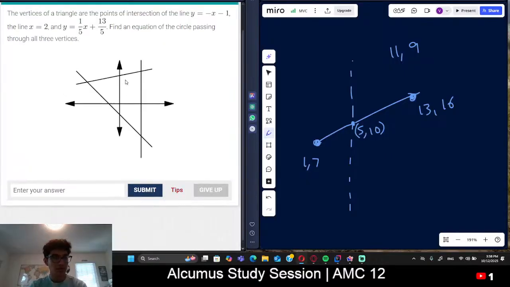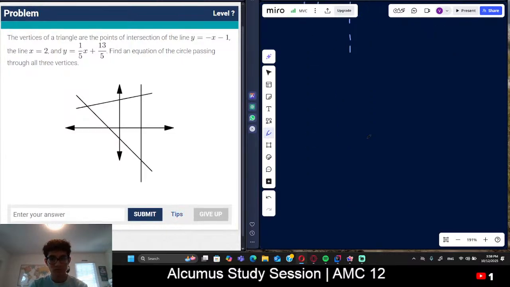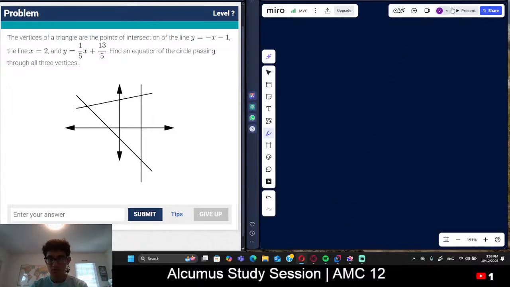Yes, fine. Find an equation of the circle passing through all three vertices. Vertices of a triangle are the points of intersection of this. So, let's see.